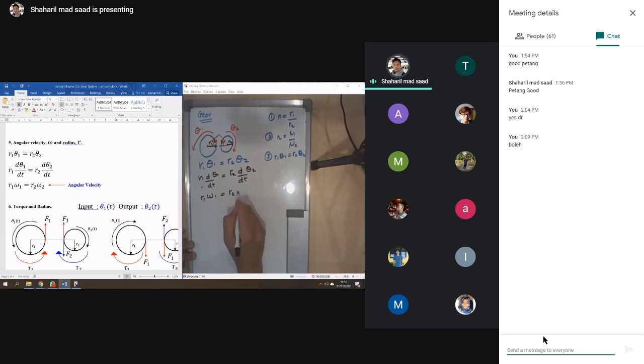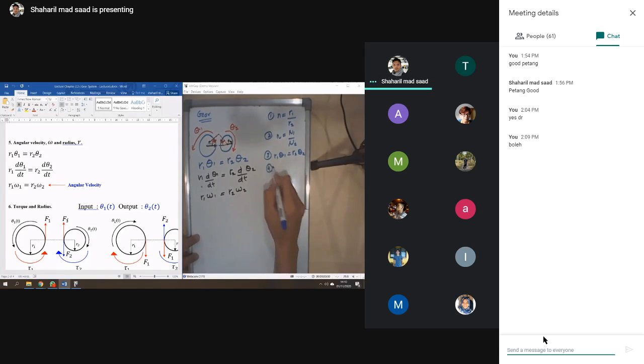So the next equation for this gear is R1 omega 1 equals R2 omega 2.